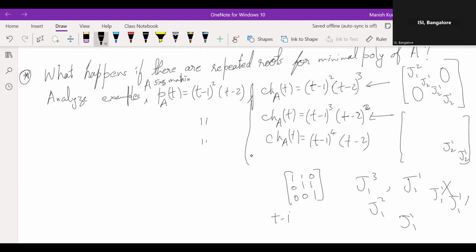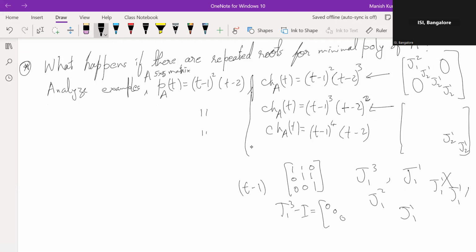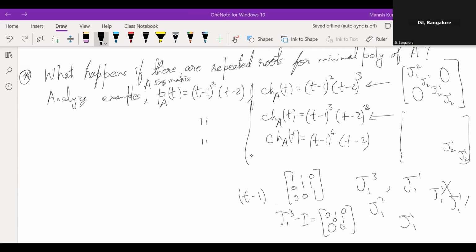You subtract the identity from it, so J13 minus identity has zeros along the diagonal. So it has to be a power of t minus 1, right? We want to figure out which power will kill it. One power certainly doesn't kill it, that we know.